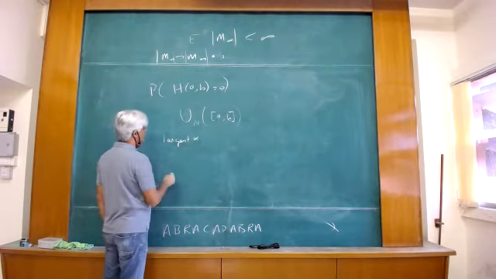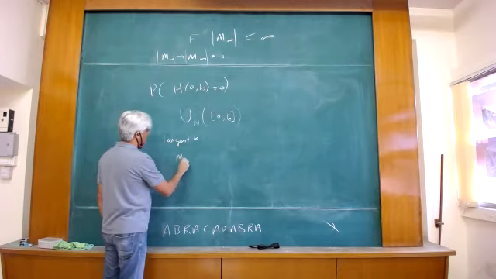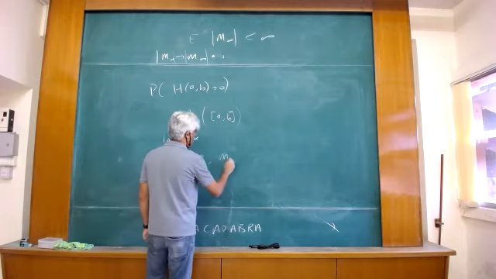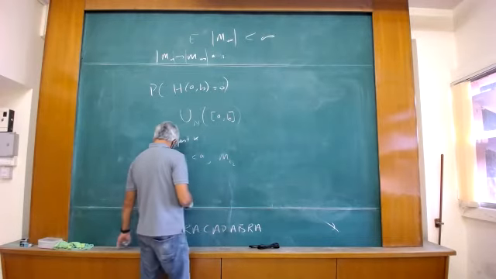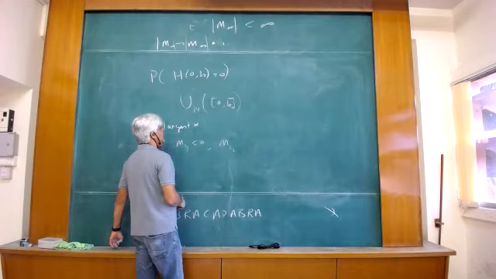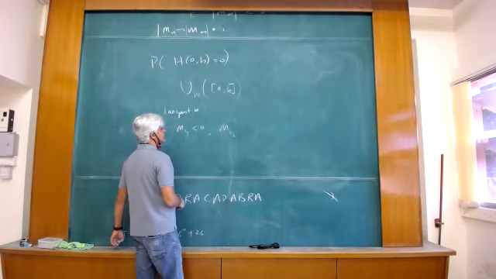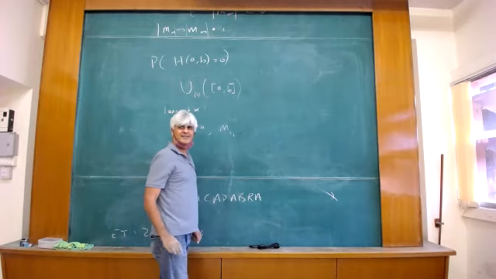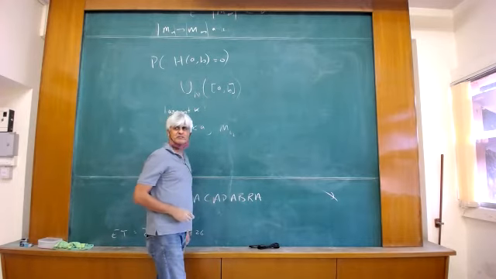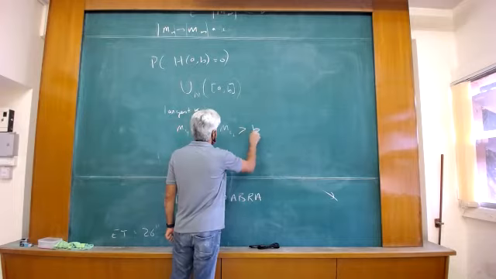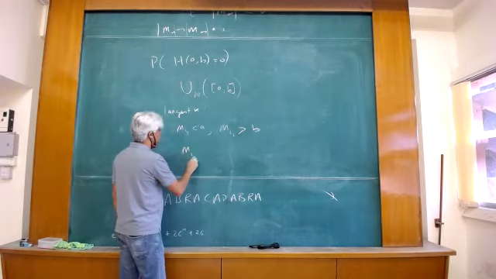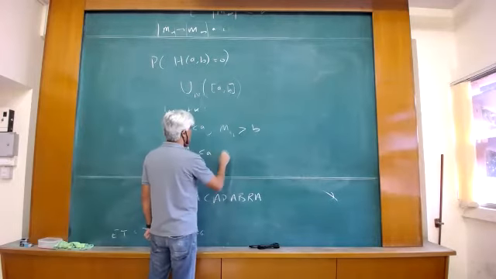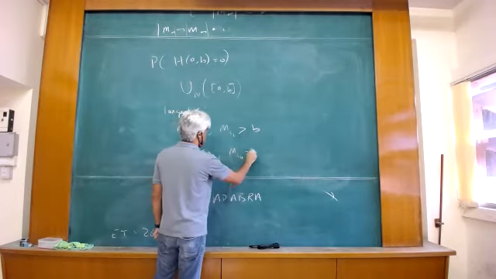So the largest k such that we have indices i1, with M_i1 less than A, M_i2 greater than B, M_i3 less than A, M_i4 greater than B, and so on, up to M_iK less than A. We don't have to be that precise.